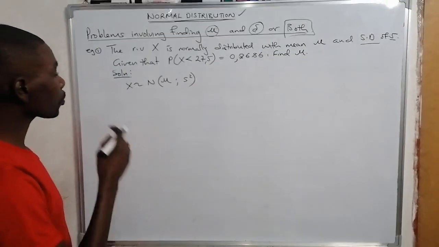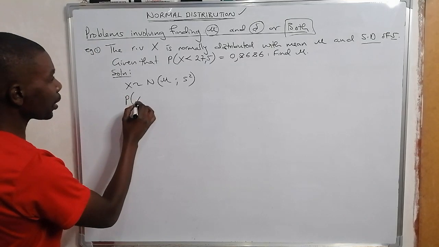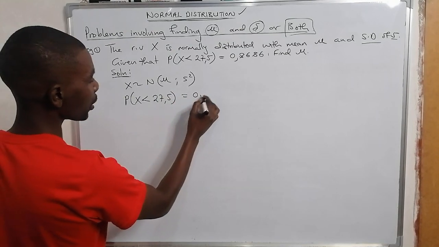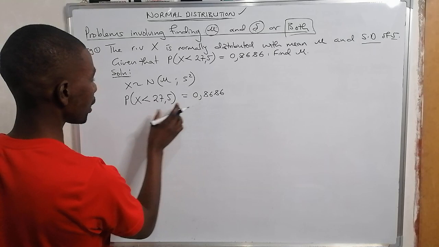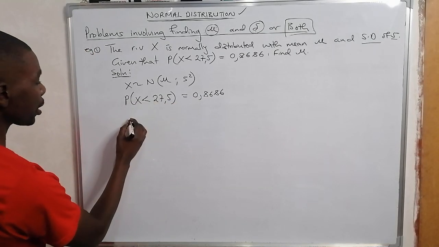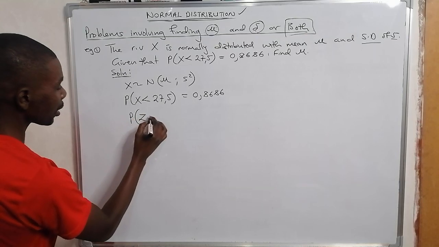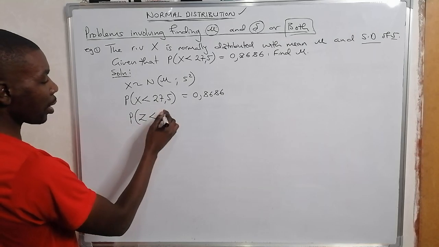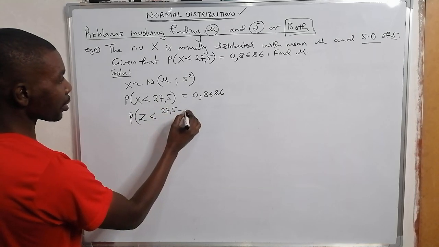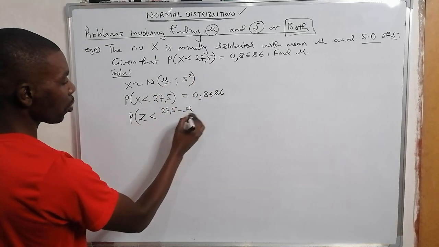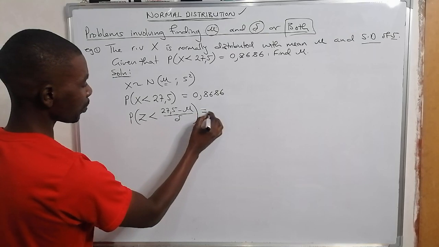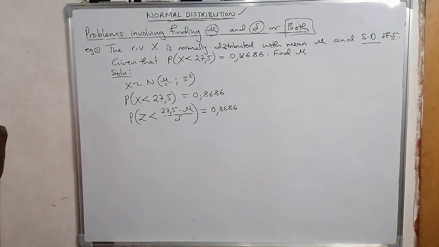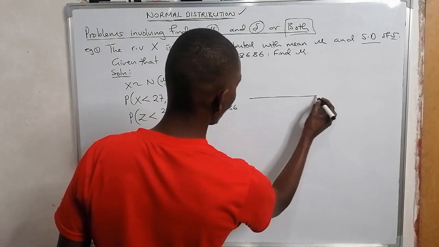So for P of x less than 27.5 to be equal to 0.8686, we standardize, which means that can be written as the probability of z less than 27.5, which is our x bar, minus our mean mu over sigma, must be equal to 0.8686. Now you can use your table.